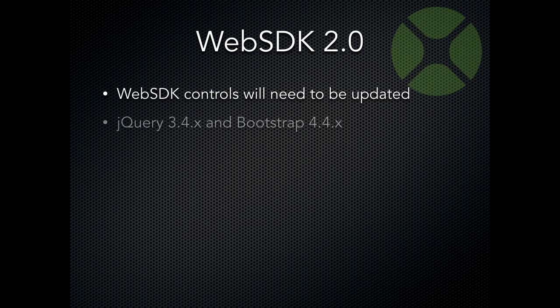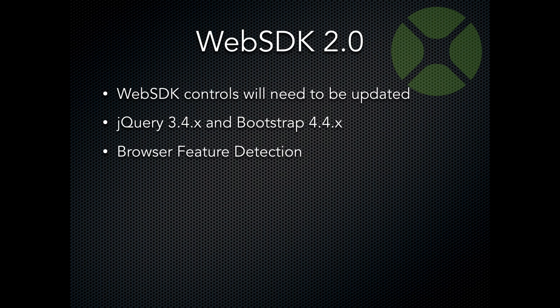The Web SDK 2.0 is being enhanced for all these new features. Unfortunately, that means that Web SDK controls will also need to be updated. A modern version of jQuery and Bootstrap is on every browser. And we're not doing user agent parsing anymore.